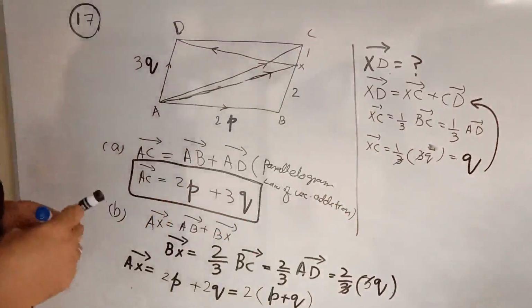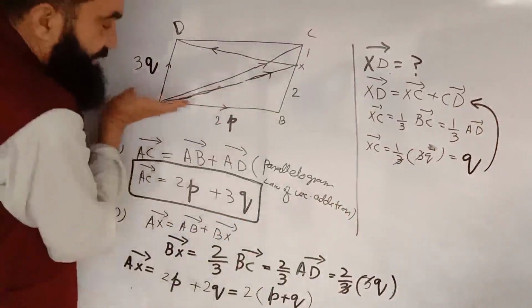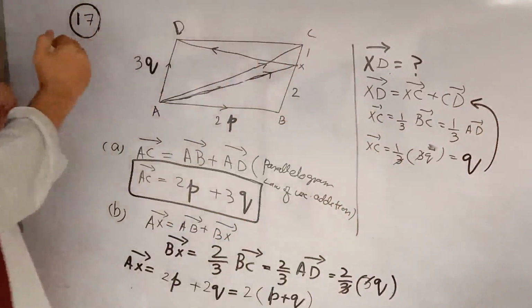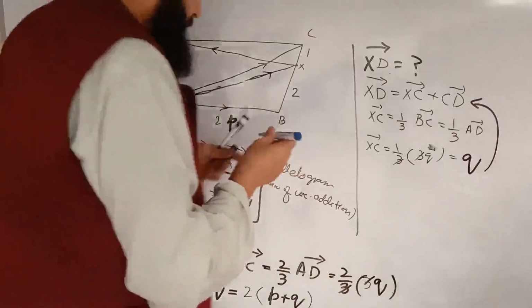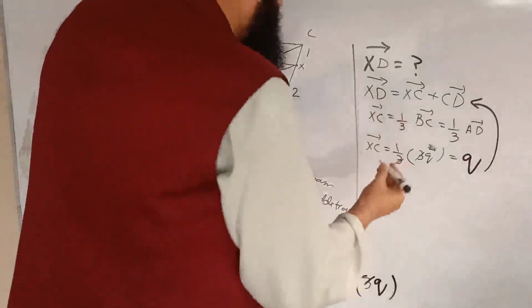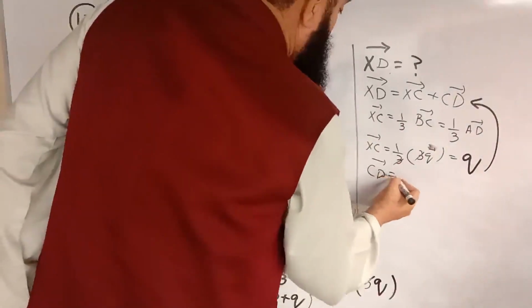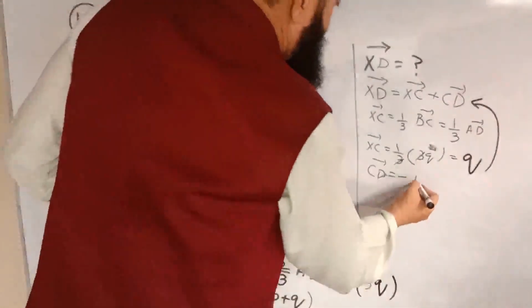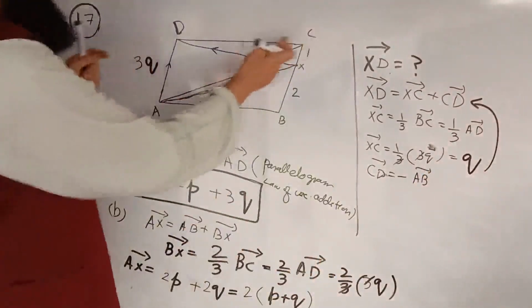Now we put all values here. And similarly CD is equal to what? Now CD, AB is in this direction, CD is in the opposite direction. They are negative of each other. They are negative vectors. And we write that CD is equal to minus AB, because CD is in this direction.